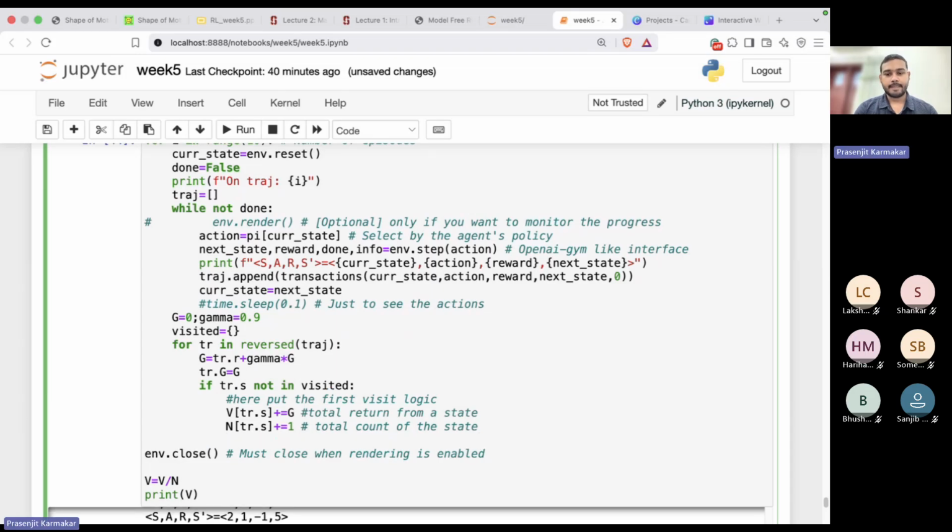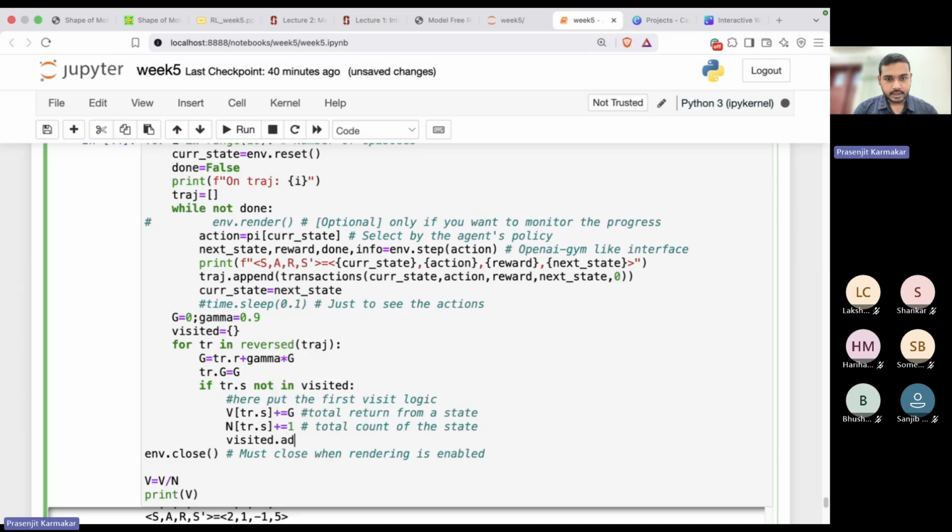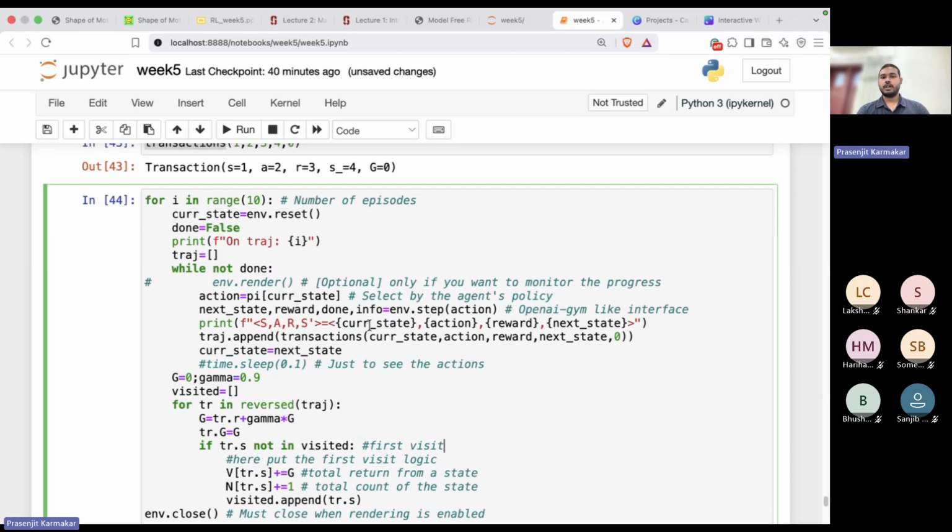Visited.add, or it can be a list also, not always a set, so append transaction.s. This is the logic for first visit. Got it? So if I run this, that gives me your Monte Carlo first-visit policy evaluation.